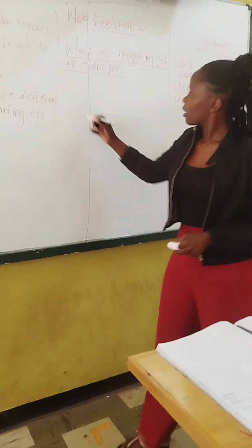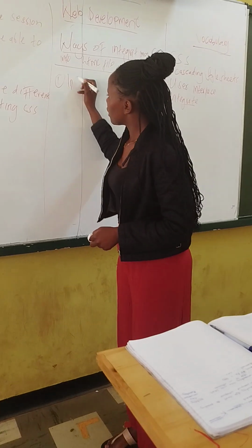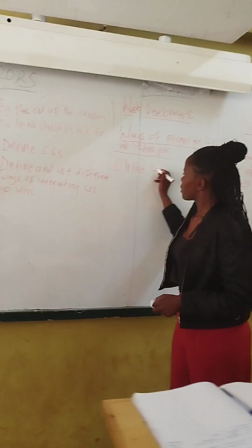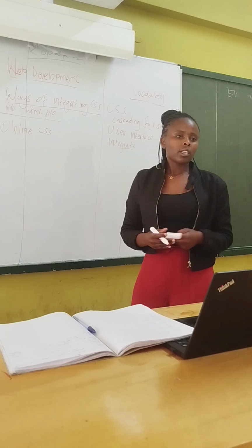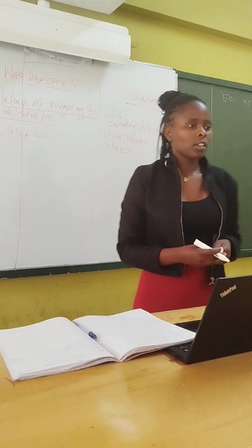My neighbor has told me that there are different ways of integrating CSS to HTML. The first one is inline. Okay, that is very good. We have inline CSS. The next one is internal.